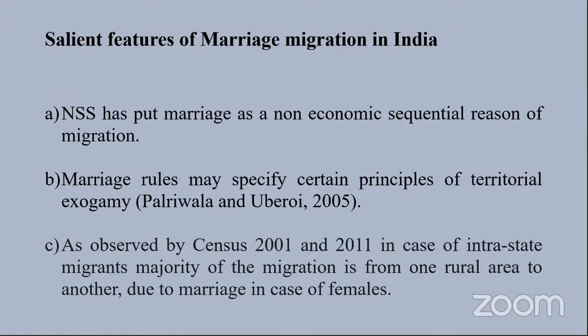Marriage migration in India is mostly determined by the principle of territorial exogamy, followed as Gotra exogamy and village exogamy in different parts of North India, and also cross-cousin marriage in South Indian states. As observed by different censuses, in the case of interstate and intrastate migration, the rural to rural migration stream is one of the most common migration streams for females.